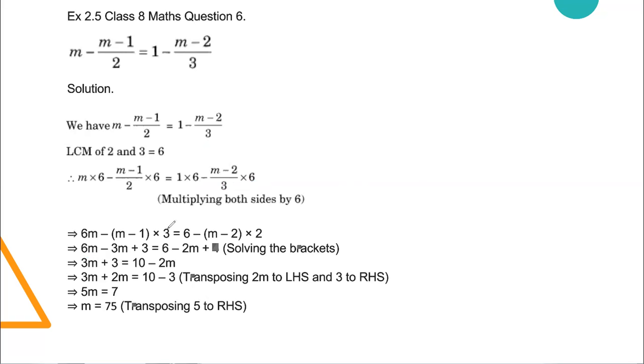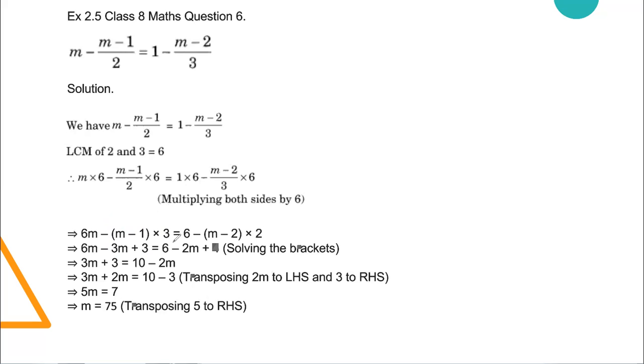How do we solve this, guys? It's quite simple. Just multiply 3 into m, which is 3m. Since minus is outside the brackets, we have a minus here also. How do we solve this further is quite simple. 3 into minus 1, which gives you minus 3. So minus 3 with the minus outside, minus into minus, gives you plus. So that's how we got a plus 3 over here.